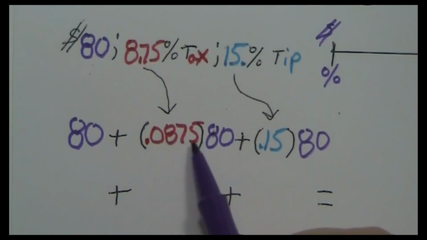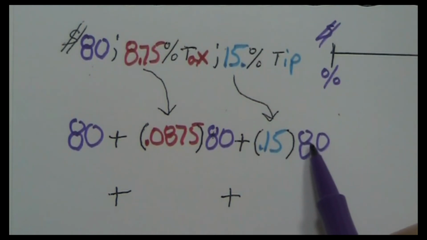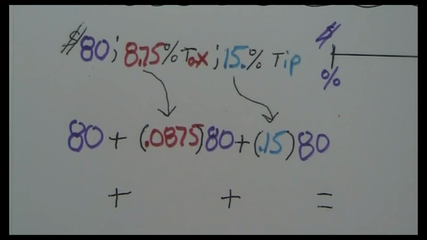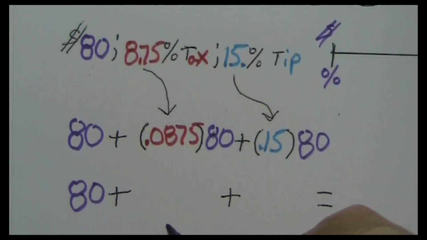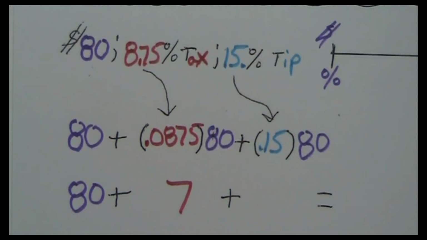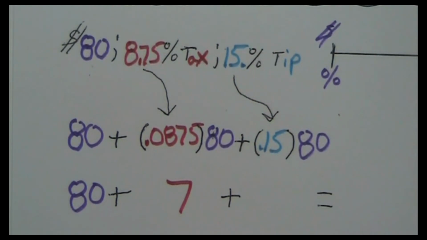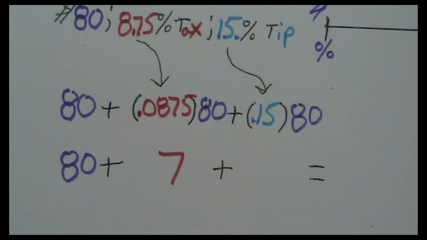So this would be 8.75% of 80, and this would be 15% of 80. So we need to calculate those. We've done this already. This is $80. The tax with it, remember we said that was $7. Now if I multiply 0.15 times 80, save you some time, that is going to be $12.